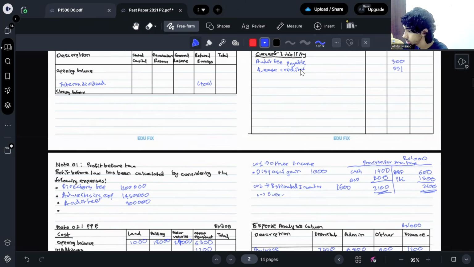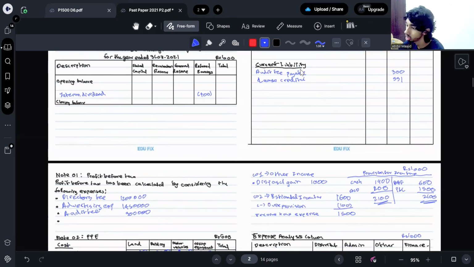Over provision 100. Then you can get the income tax expense for the year as 1,500. So here, into the T account also, we got that same amount. Income tax expense for the year 1,500. Okay.